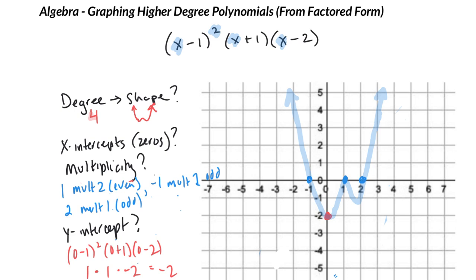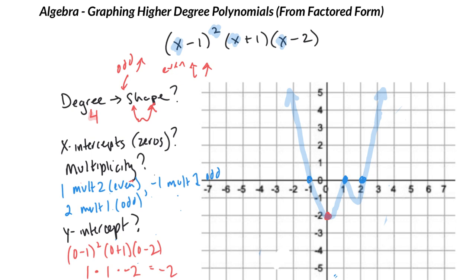So this is the process I would go through. Figure out the degree: if I multiplied it out, what would the highest power of x be? That'll tell us the shape. Remember, all odd degrees do that, and evens do this. Of course, that could switch if I put a negative in front, which would reflect it.